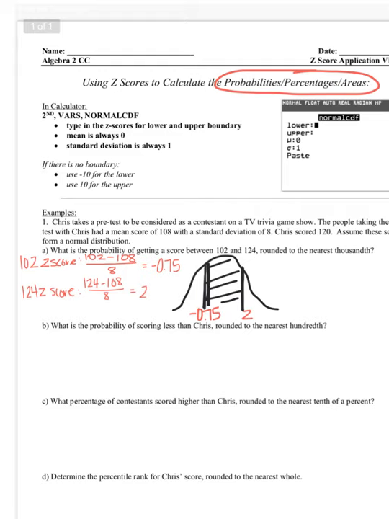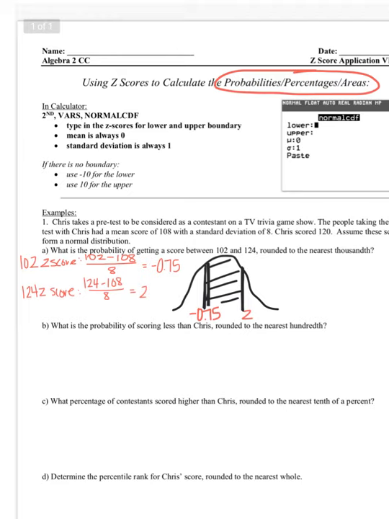Press second vars, number 2. Your lower boundary is the one on the left, so it's negative 0.75. Press enter. Your upper boundary is the right side, so that's 2. Press enter. The mean is always 0, so type in 0, enter. The standard deviation is always 1. Type in 1, press enter.